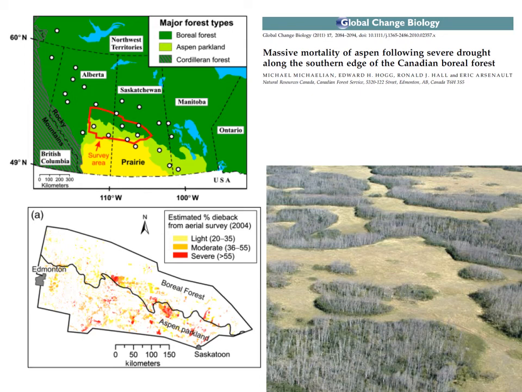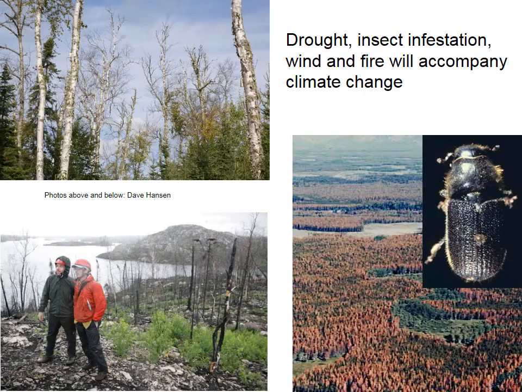Hasn't happened in Minnesota yet, but it's something we think will happen as the climate continues to warm. There will also be droughts that will be longer, that will affect trees. You see in the upper left picture here, dead birch trees along the north shore of Lake Superior. That's due to severe droughts at midsummer in 8 out of the last 10 years. So a warming climate brings increased droughts with it.